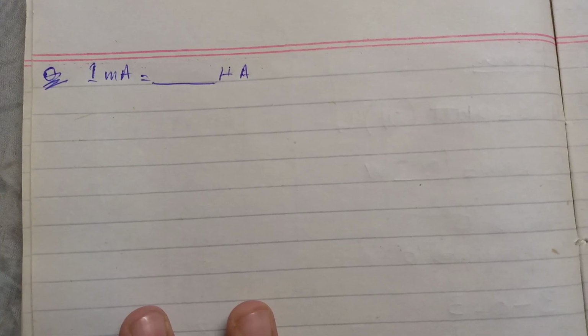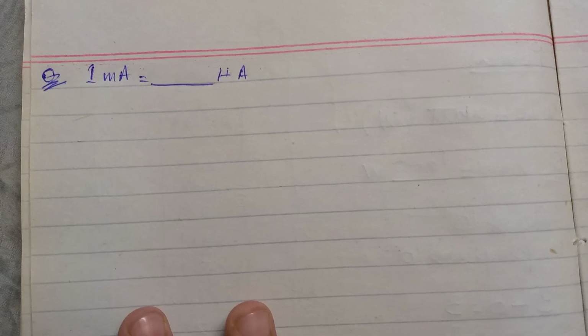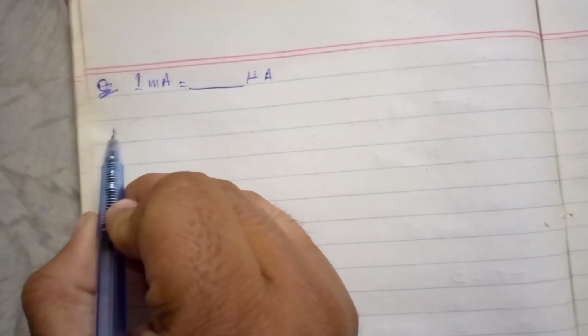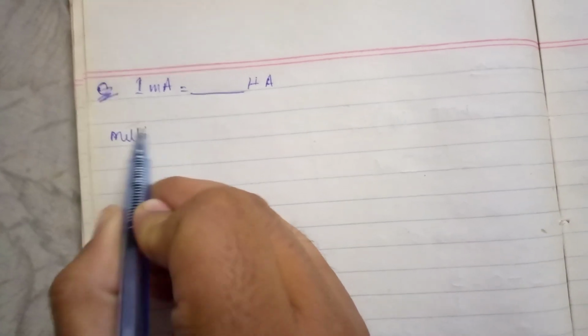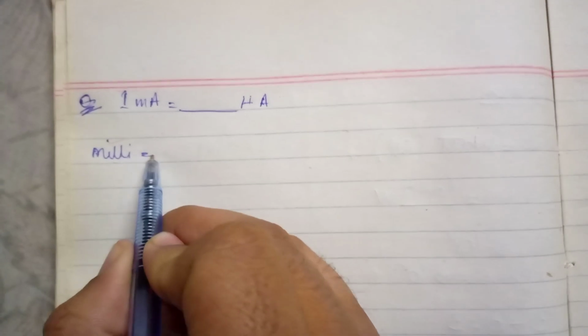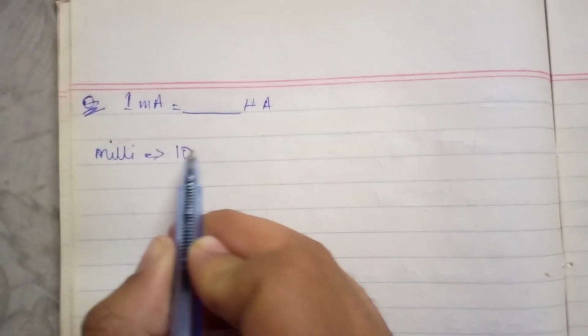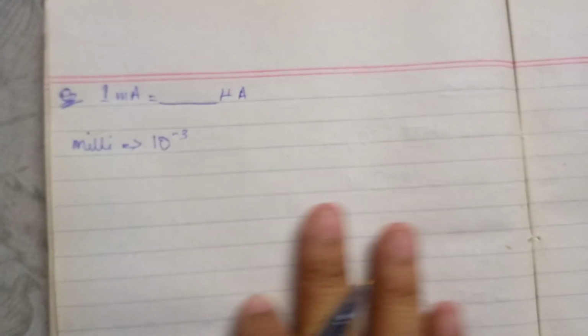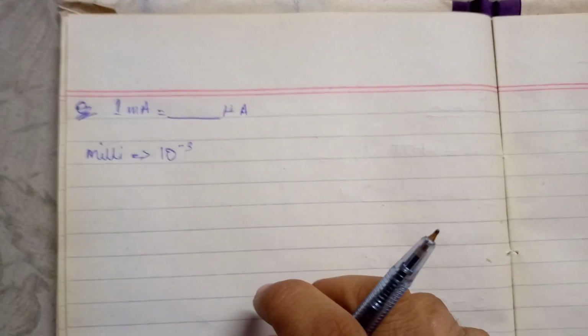First of all, write the multiplier for milli. The multiplier for milli is 10 raised to the power minus 3. Now write the multiplier for micro.